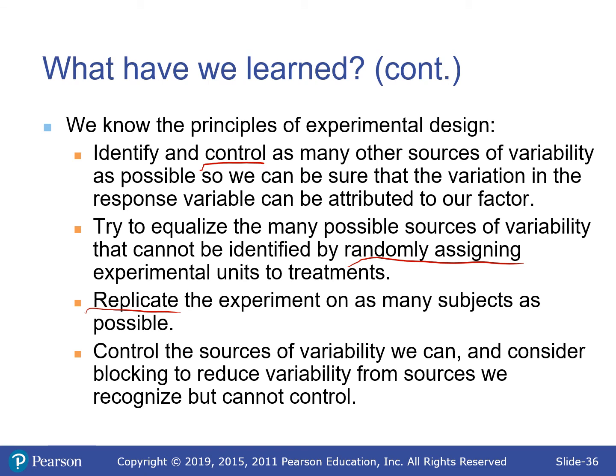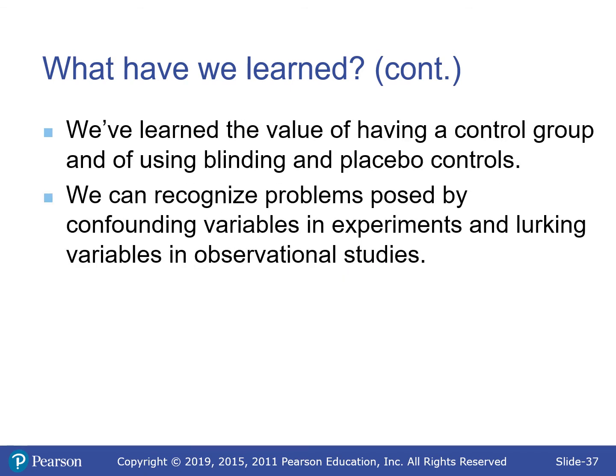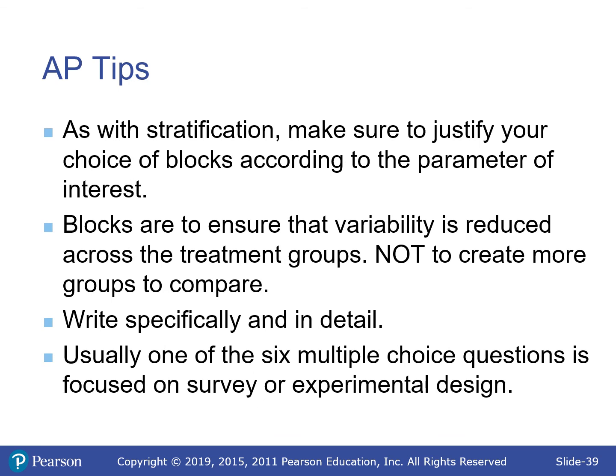You need more than one thing in a treatment group. And then blocking is the fourth one that's not necessary, but it can help us to control some more of those variables. So we have the value of a control group and placebos to help control the placebo effect, and then recognize problems posed by those confounding variables and stuff.